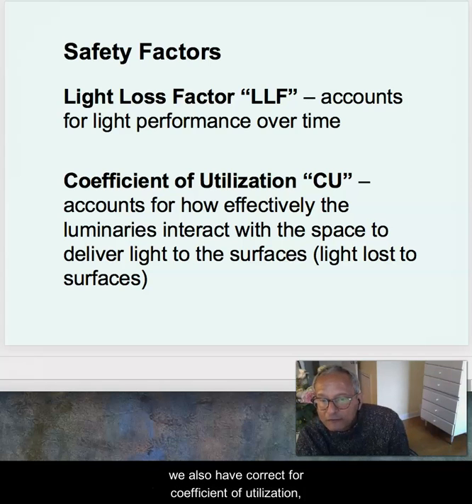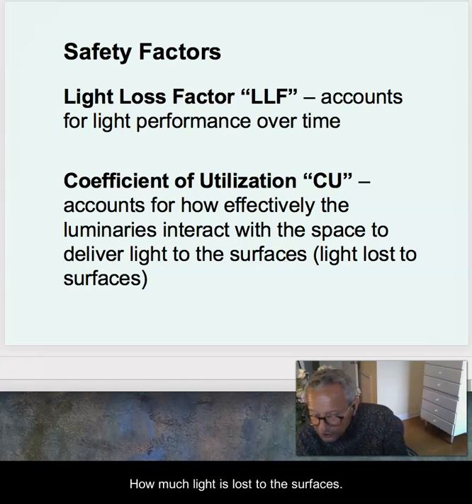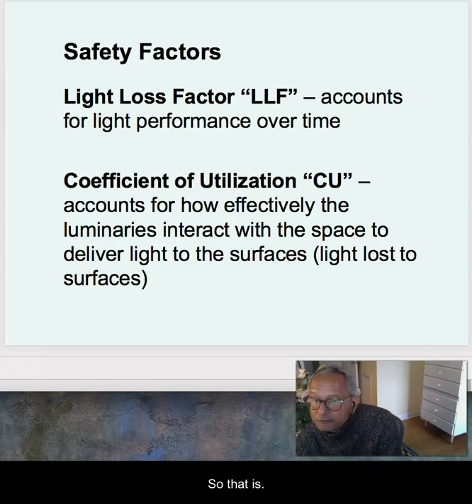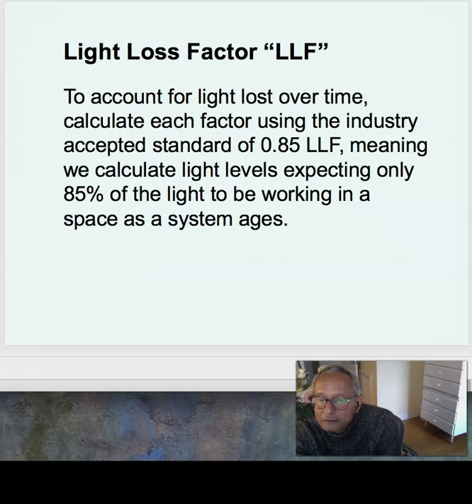We also have to correct for coefficient of utilization, a mouthful, CU, which is how well and how effectively the luminaires interact with the space to deliver light to the surfaces. How much light is lost to the surfaces. So those are factors that we want to work in.